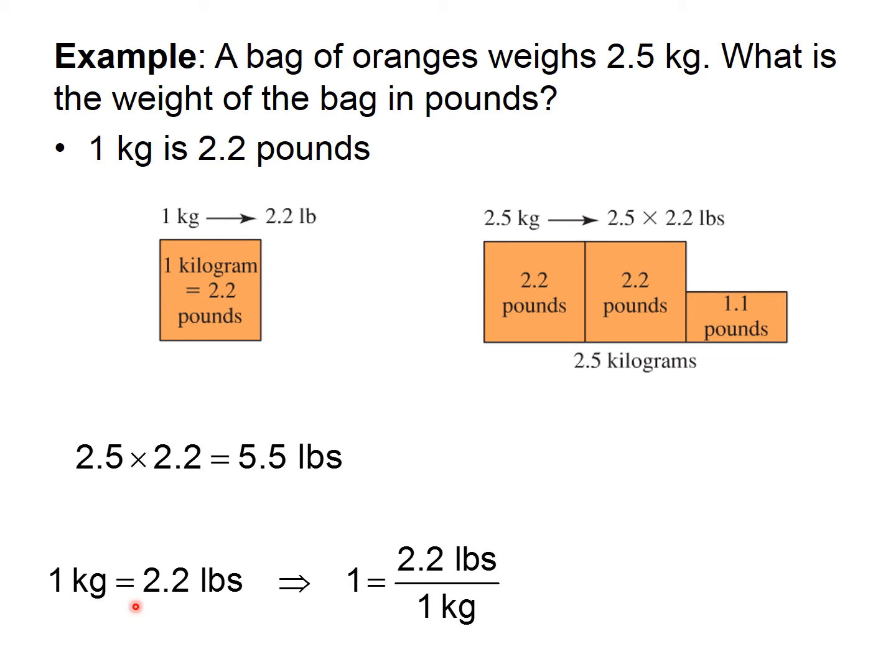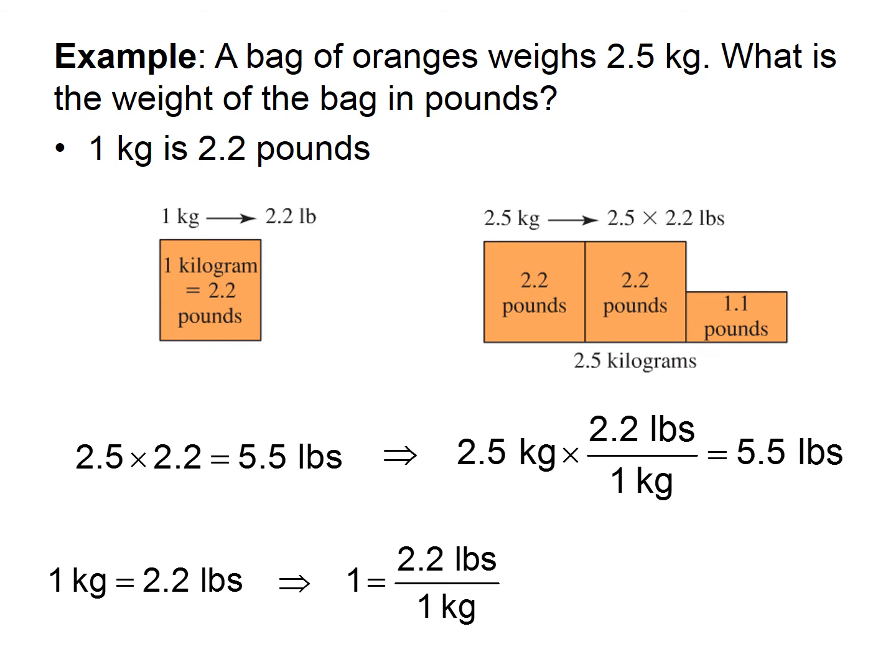Now if I do a little bit of algebra here, and divide both sides by 1 kilogram, then on the left I get 1, and on the right I get 2.2 pounds over 1 kilogram. So this fraction here equals 1. Now let's apply this observation back to our solution.